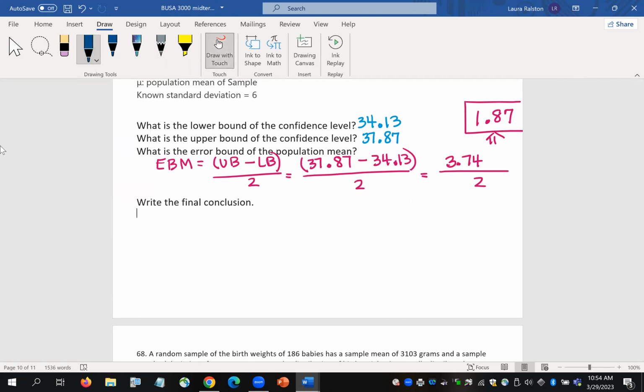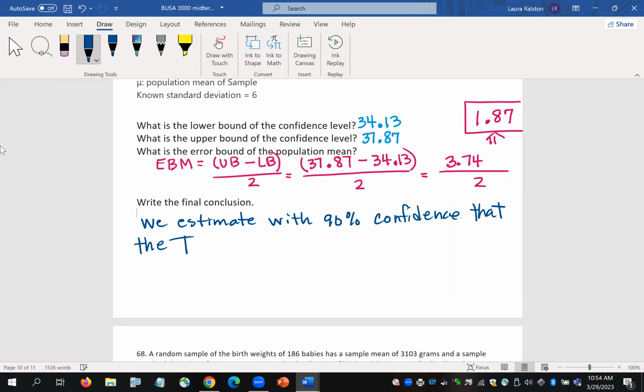We say, we estimate with 90% confidence that the true population mean, see, what are we talking about?